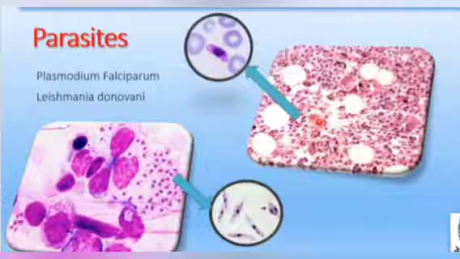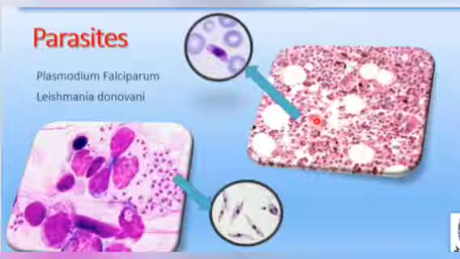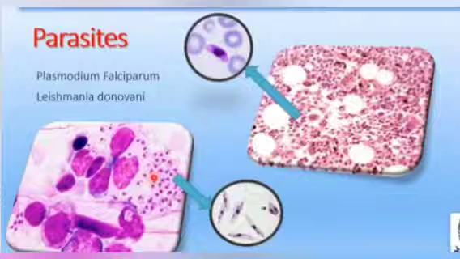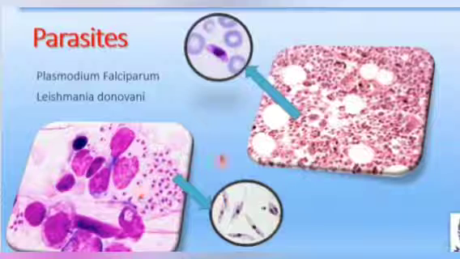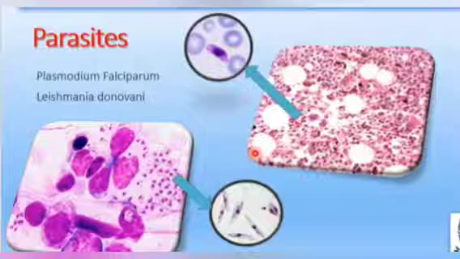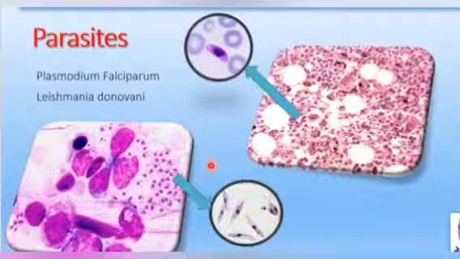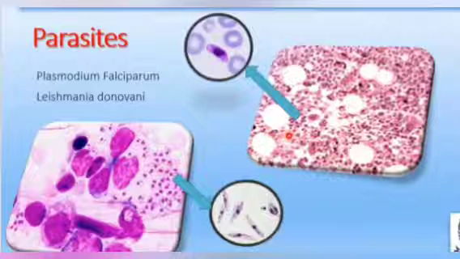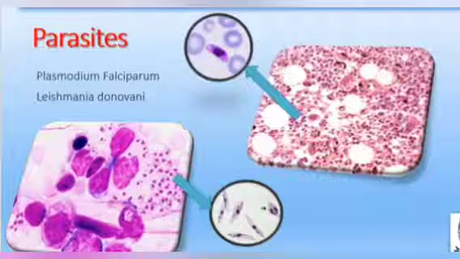So this is Plasmodium falciparum, which tends to sequestrate in the bone marrow, and similarly you are looking for Leishmania donovani. These are parasites which can be present in the bone marrow, and sometimes when we are dealing with other diseases we miss such parasites. This also has some importance in the bone marrow examination.